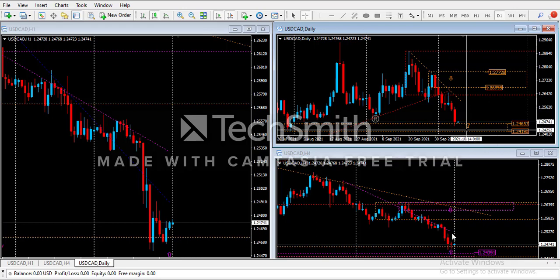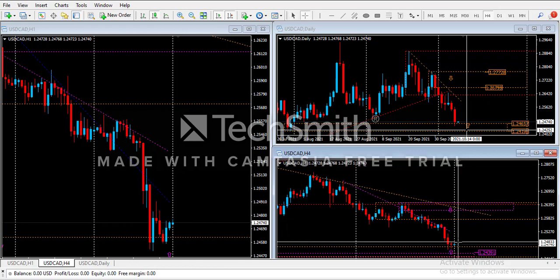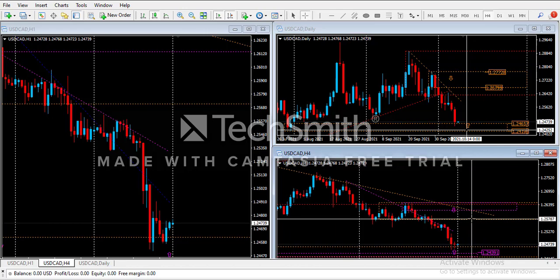And of course, after this downward movement, if changing on the 1-hour or 4-hour chart with the buy movement, of course we can work the buy direction to the supply area.